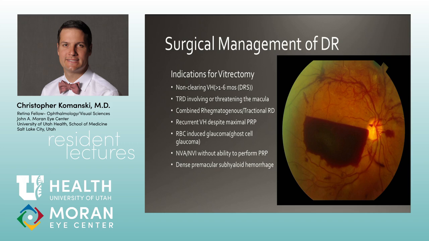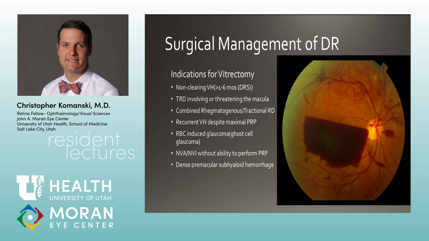So this is what I think is super fun. The first indication is a non-clearing vitreous hemorrhage, which is kind of 1 to 6 months after you've developed a vitreous hemorrhage. Certainly if there's a tractional retinal detachment involving or threatening the macula.